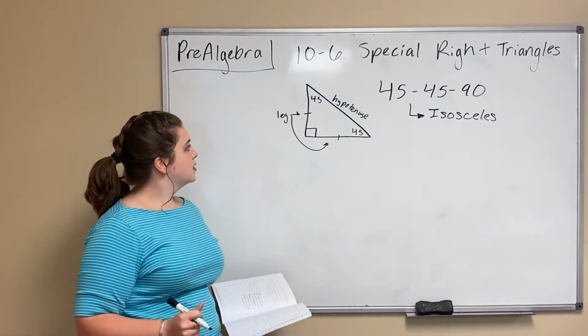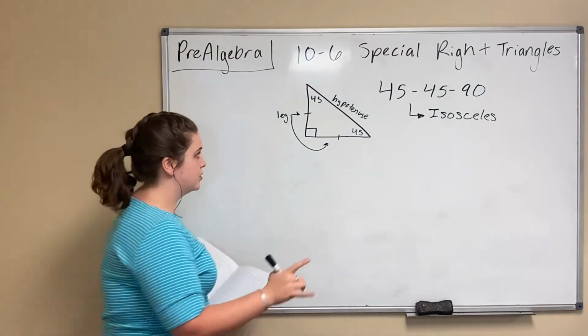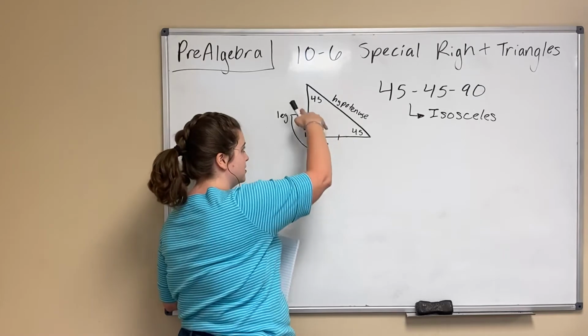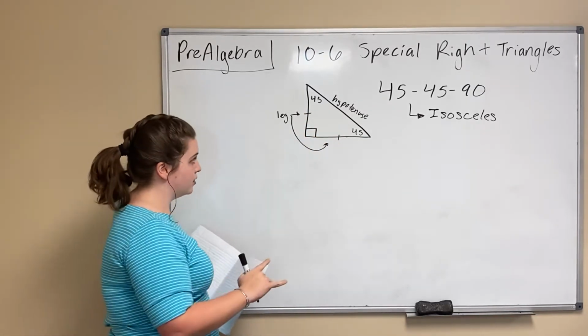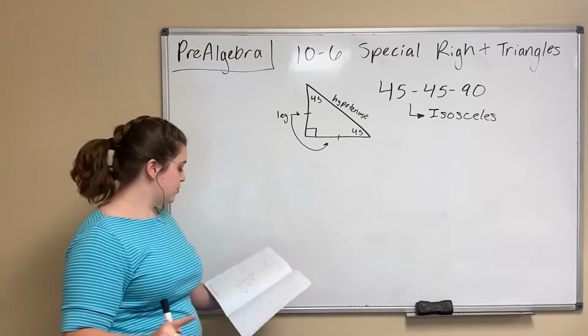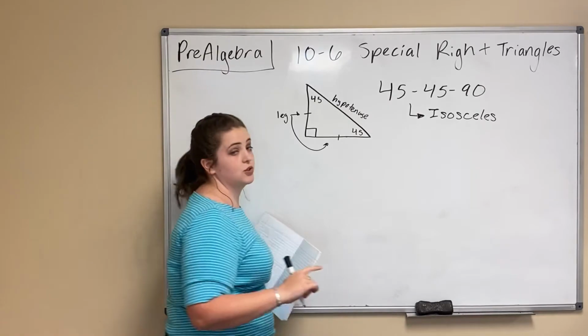Right? So in a 45, 45, 90 triangle, our legs are congruent, and the hypotenuse will always equal however long the legs are times the square root of 2.